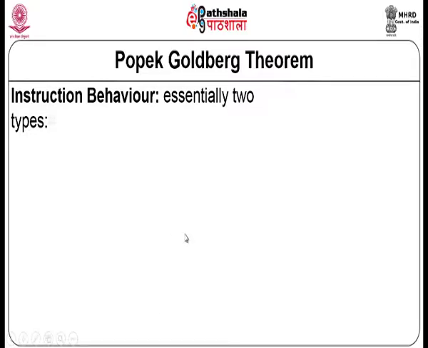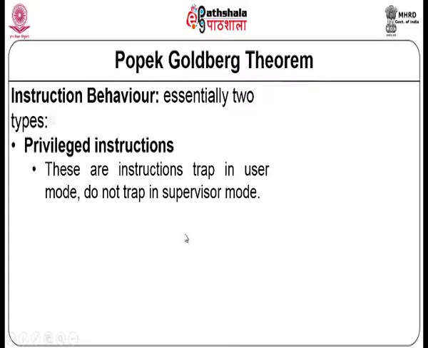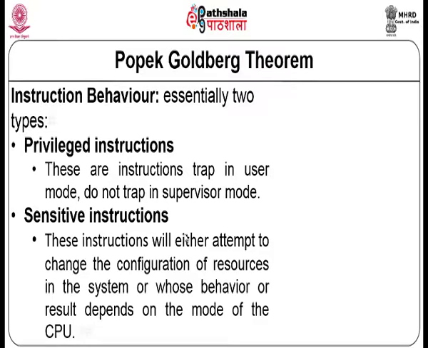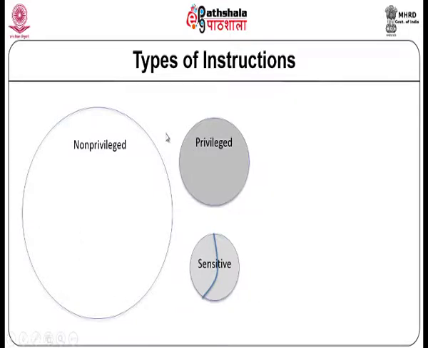Basically, the instructions are divided into parts. One is the privileged instructions, which we already saw. There is another set called sensitive instructions, and these are the ones which are going to make changes in the system, in the hardware. So, there are three types.